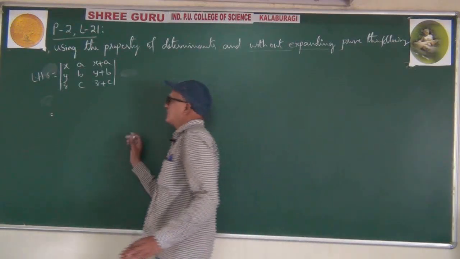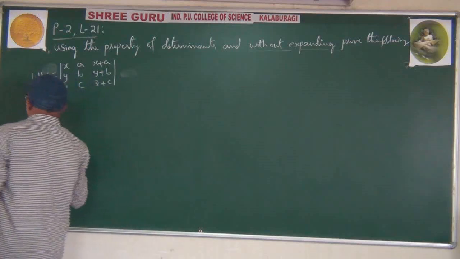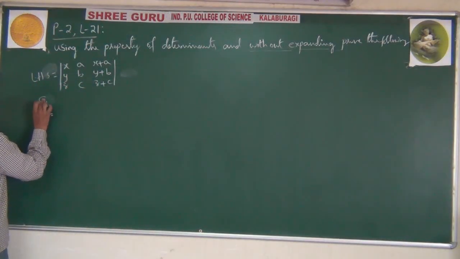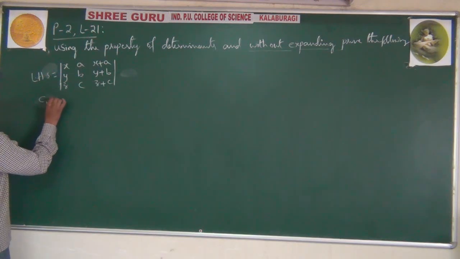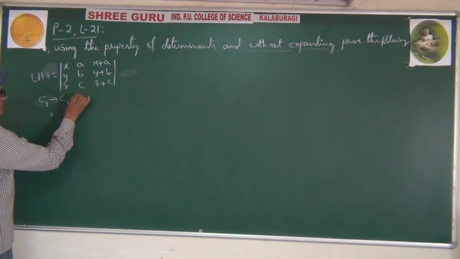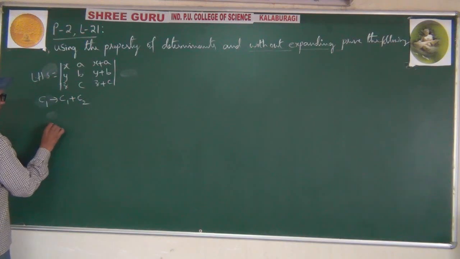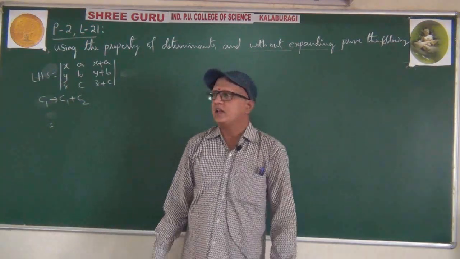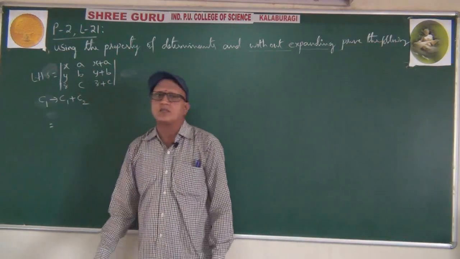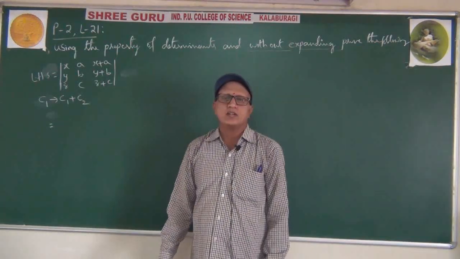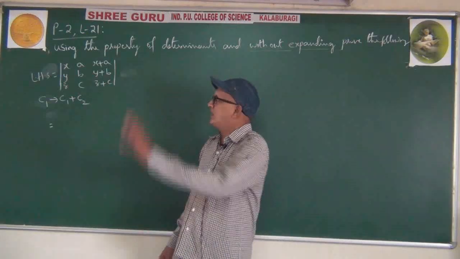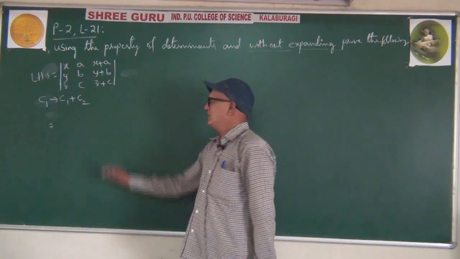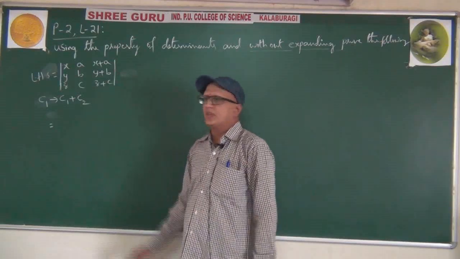So here, what I am going to change is the first column: first column becomes first column plus second column. I already told you, till the completion of the exercise, just concentrate and try to understand the step. Understood.